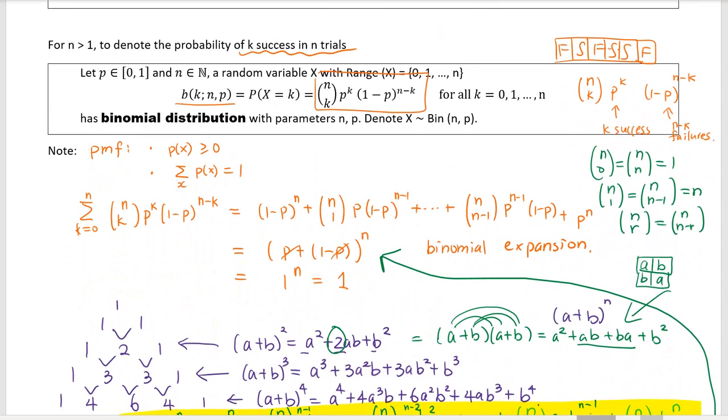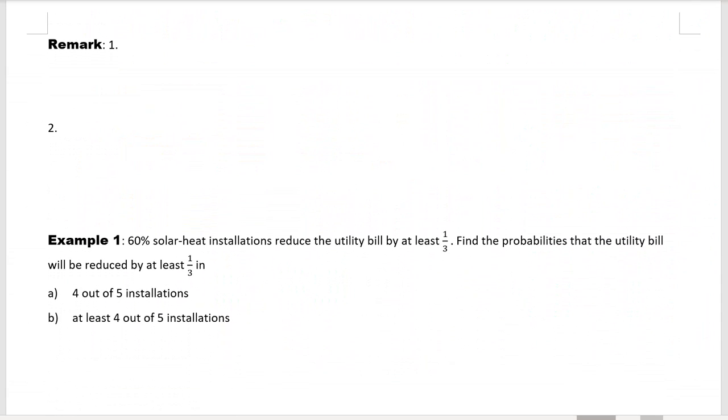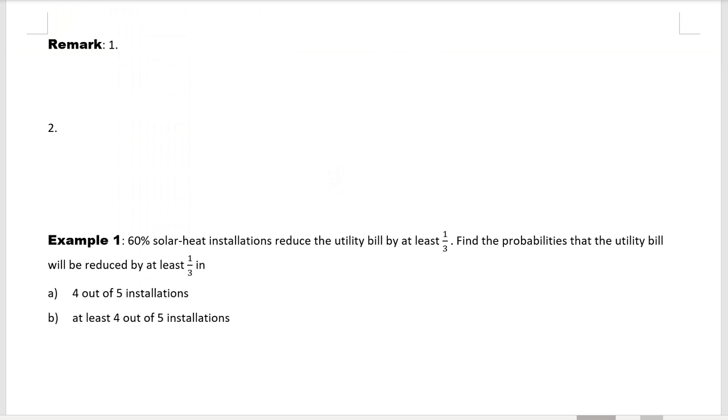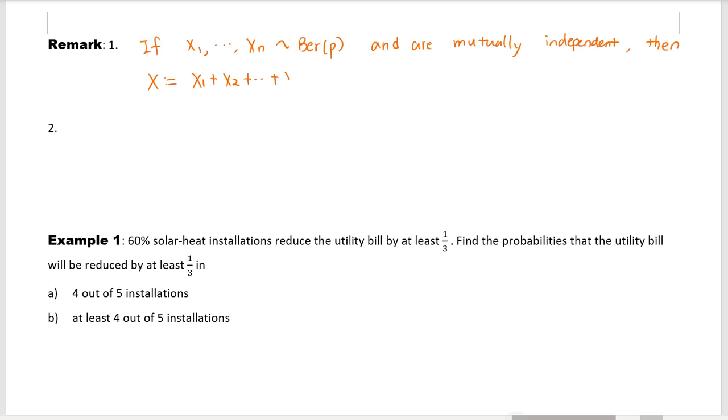A couple of remarks. First, if X1, ..., Xn have the Bernoulli distribution and they are mutually independent, then we define X to be the new random variable X1 plus X2 plus ... plus Xn.